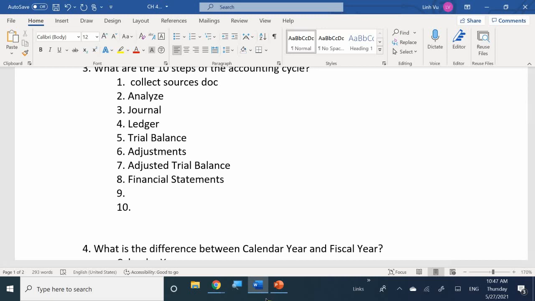What else? Closing books. You've got to close the books. Yes, close your temporary accounts out. And then last but not least, post-closing trial balance. Yes, post-closing trial balance.